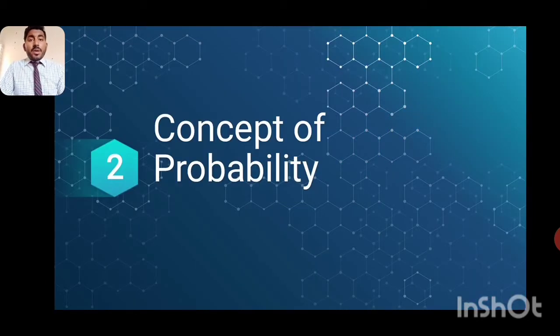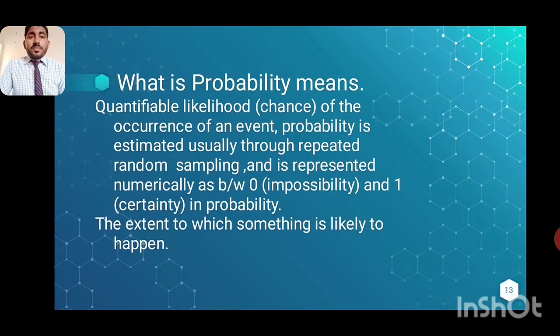Concept of probability. What does probability mean? It is the quantifiable likelihood, the chance of the occurrence of an event. Probability is estimated empirically through repeated random sampling and is represented numerically between 0, impossibility, and 1, certainty.